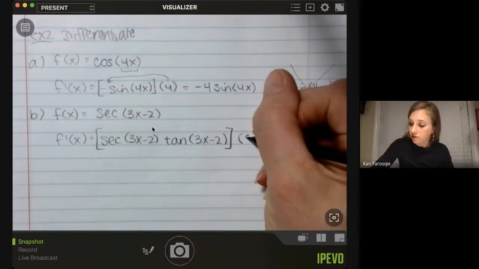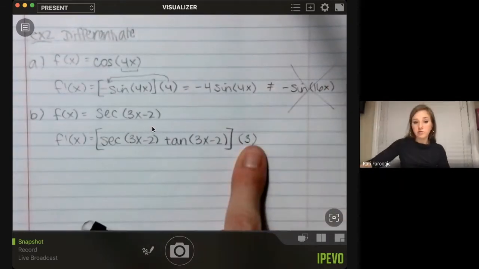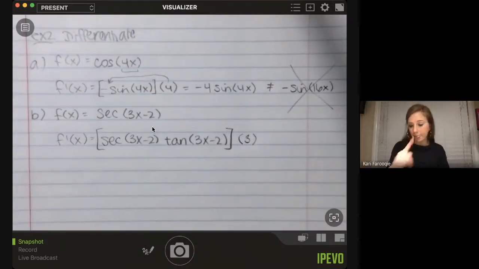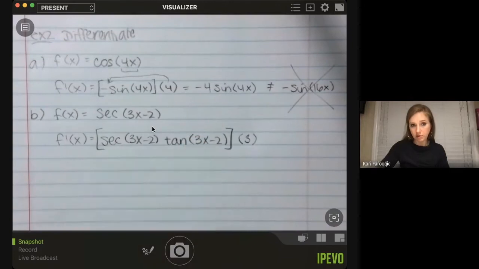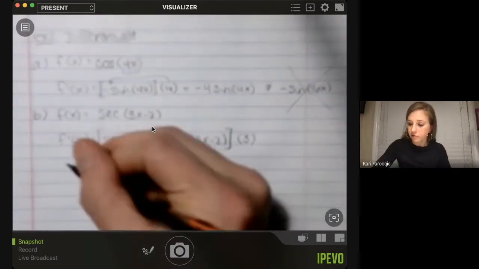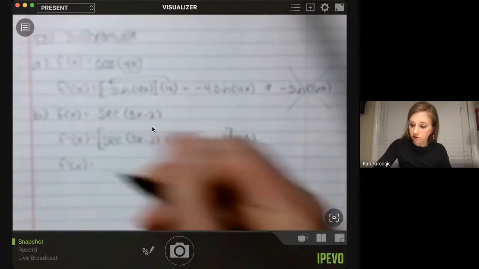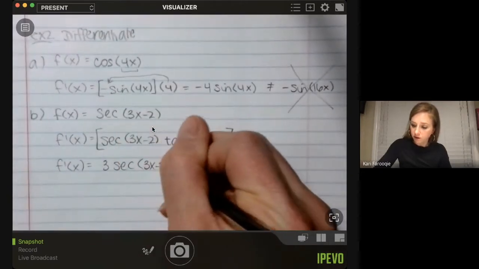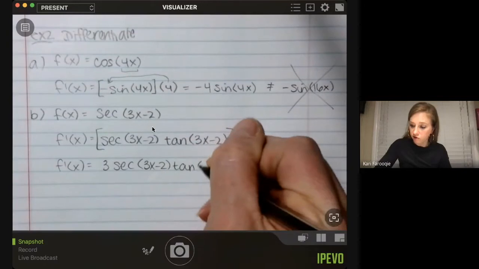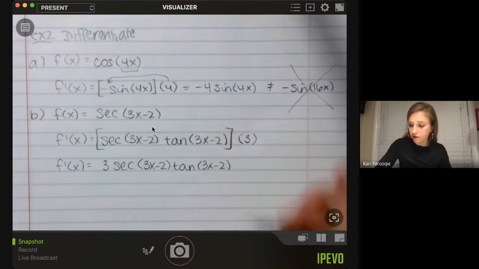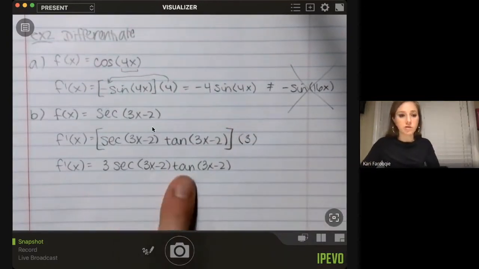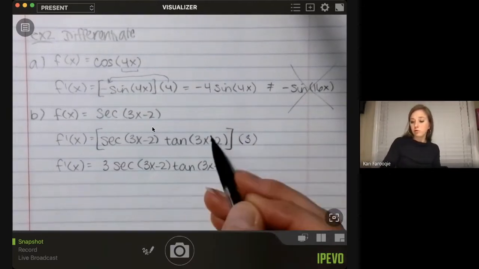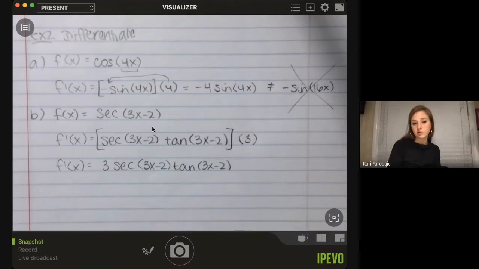When you chain that on, all that 3 is doing is getting multiplied by the function one time, not 2 times, just once. So this derivative actually looks like 3 times the secant of 3x minus 2 tangent 3x minus 2. And it can just sit there. These are all just factors, not a big deal. Whatever you do, don't multiply it into the 3x minus 2. That's not where it goes.